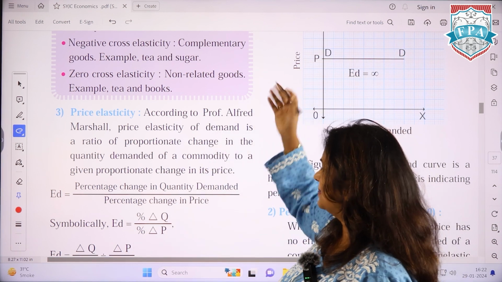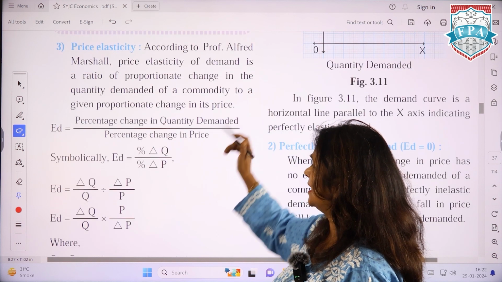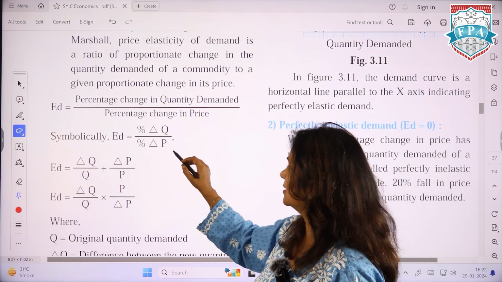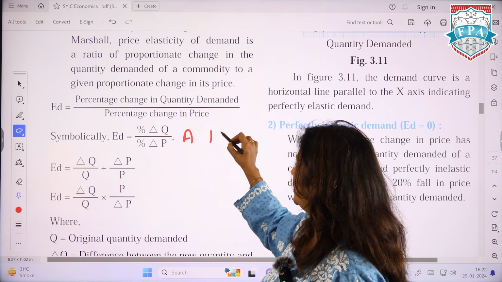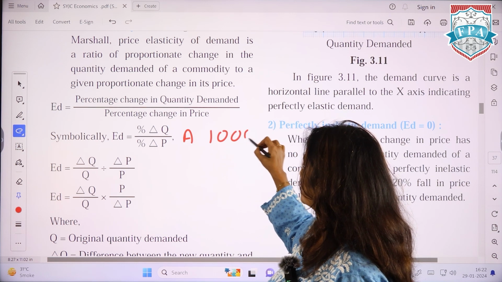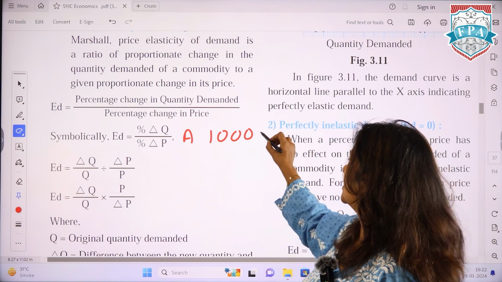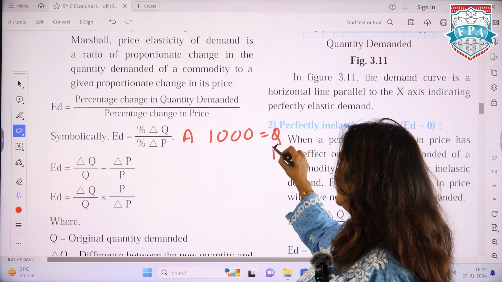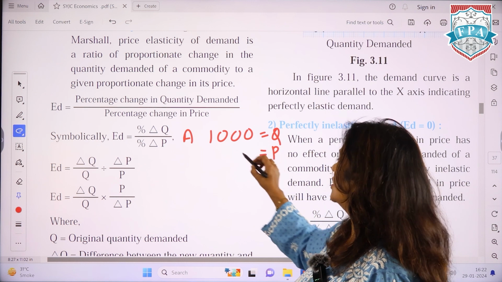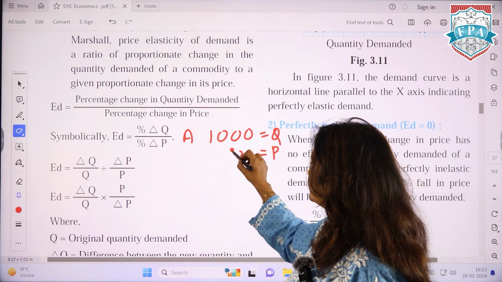Simply put, take a product A where the quantity demanded was 1000 units. This is my Q. The price of this product was 10 rupees.